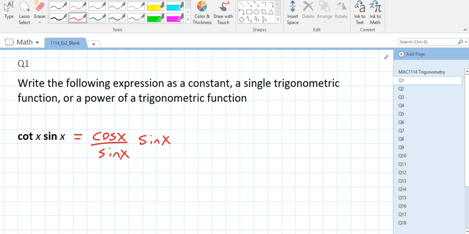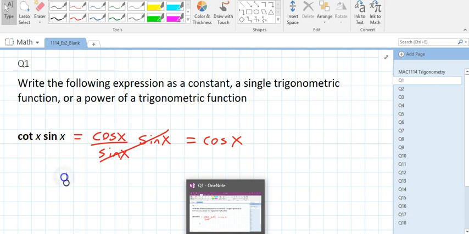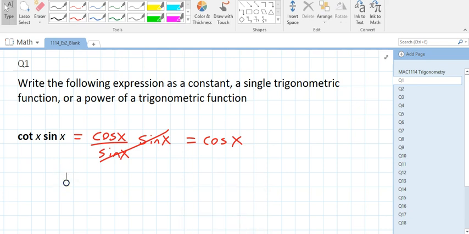Yes. Good. So what now? Sines cancel out, right? So that leaves us with what? There's your answer, because there's nothing else to do. That is our simplified answer. Cool?